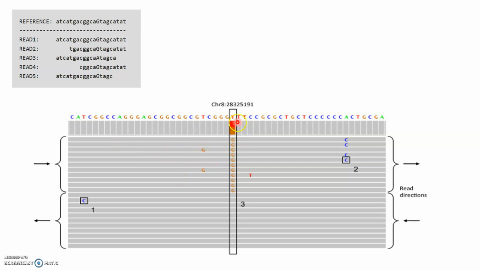When we get here, we see a G to T SNP at that position, because at that position our reference genome has a T allele, and about half of our reads have a G. Remember that we are diploid organisms with 2 copies of each chromosome, so it looks like in our case one chromosome has the G allele at that position and the other chromosome has the T, matching the reference.